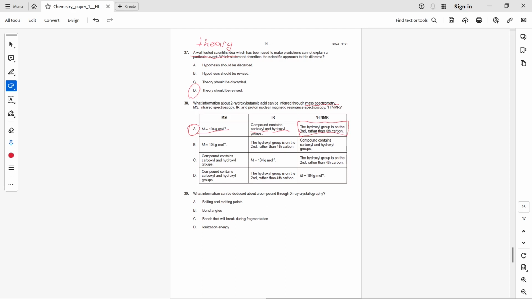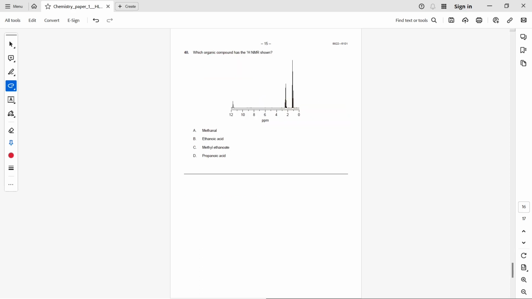For the next question, through X-ray crystallography, we get the structure of the lattice, and from the lattice we can deduce bond angles.